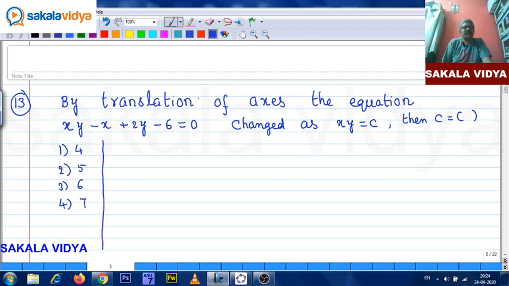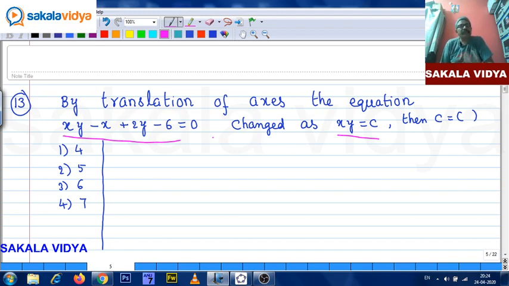So this question is a very important question. By translation of axis, the equation becomes xy is equal to C. That means first degree terms have been eliminated.